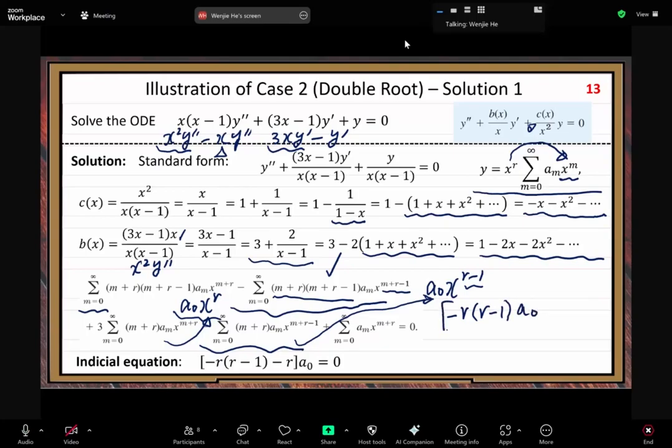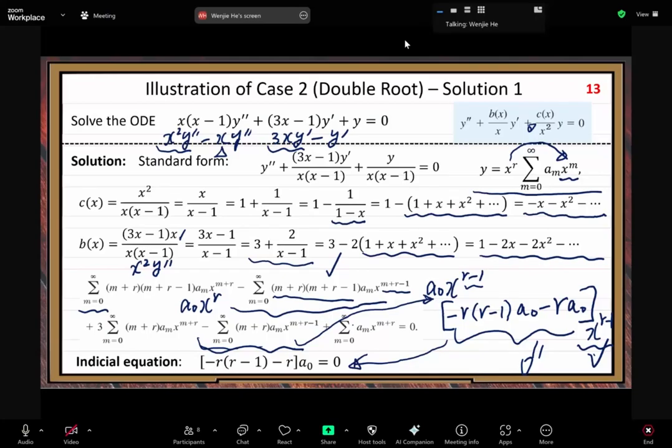Then the contribution from this summation, m equals 0, you have r, but it's also minus r a0, times x to the r minus 1. By that vanishing property, this coefficient must be 0, because the coefficient of each term must be 0. That is this initial equation.